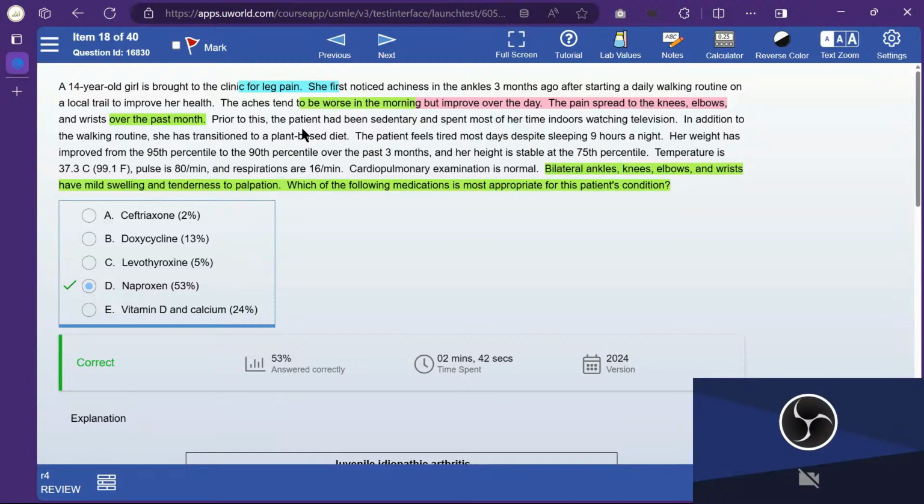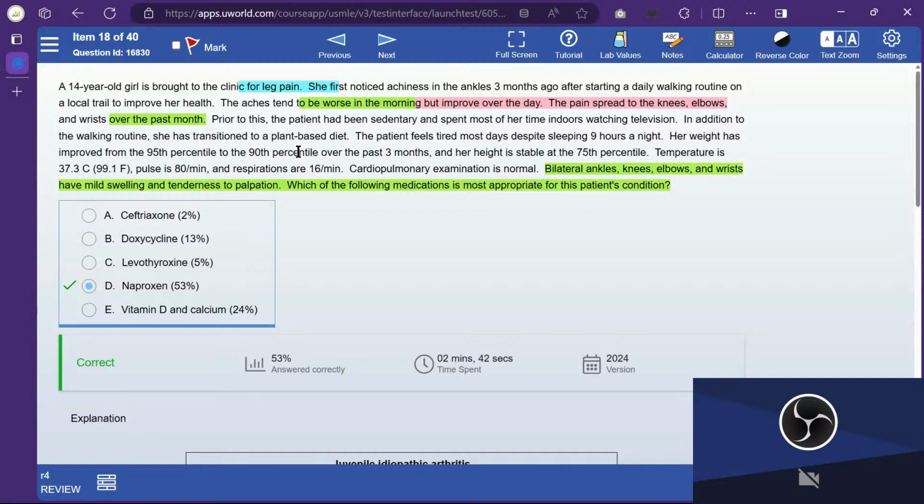The patient has been sedentary and spent most of her time indoors watching television. In addition to the walking routine, she has transitioned to a plant based diet.